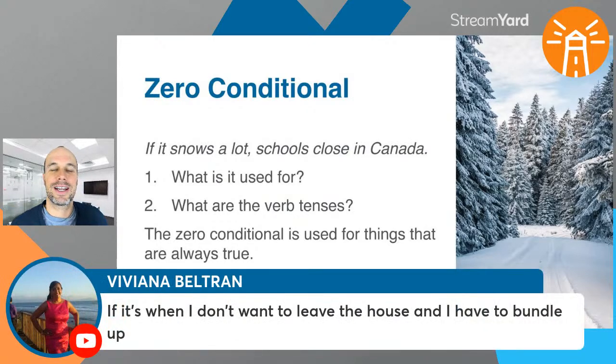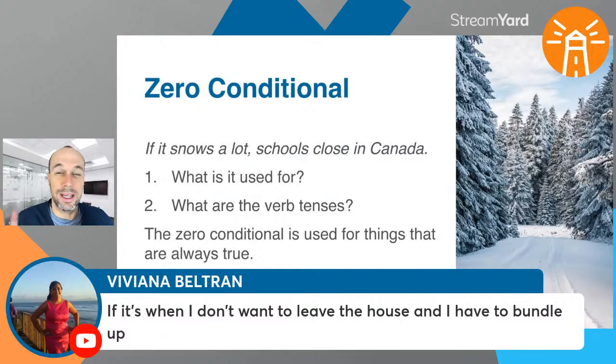All right. Viviana has a sentence. If it's when I don't want to leave the house and I have to bundle up. Maybe you mean if it is snowing, or if it snows, then I don't want to leave the house.